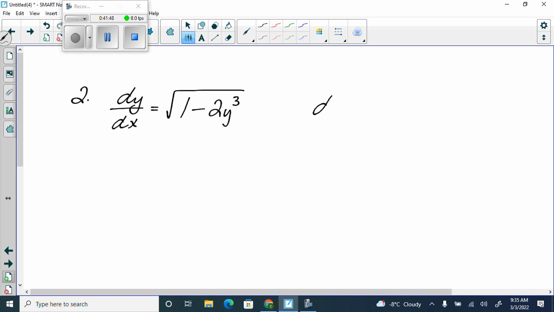And they want d2y over dx squared. So they just gave you the first derivative and want the second. So it's the same as if they gave you the normal equation and asked for the first derivative. You just do the derivative of it, right?